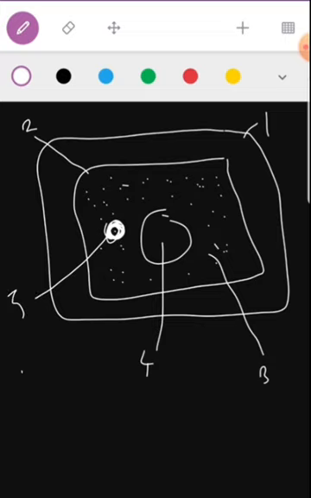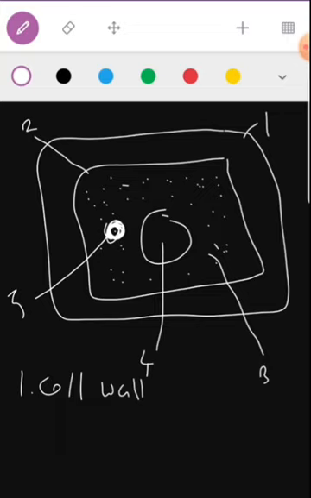Now, structure 1 is what we call the cell wall. The cell wall is made up of cellulose, which contributes to its rigidity. Now know that the same cell wall has got some functions that it plays in a plant cell.